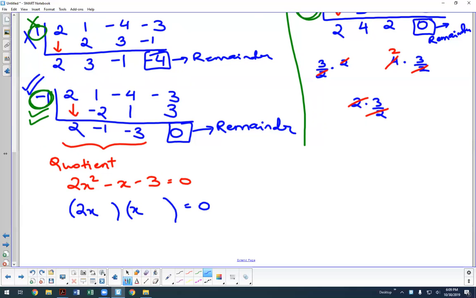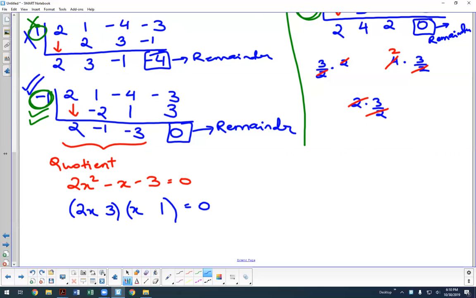Since I have a negative on my constant term, that means I will have opposite signs in the parentheses. So factors of 3 will be 3 and 1, right? Now we just got to decide, where do I put the 3, where do I put the 1? Where do I want to put the 3, with the 2x or the x? The 2x. You do want to put it with the 2x.